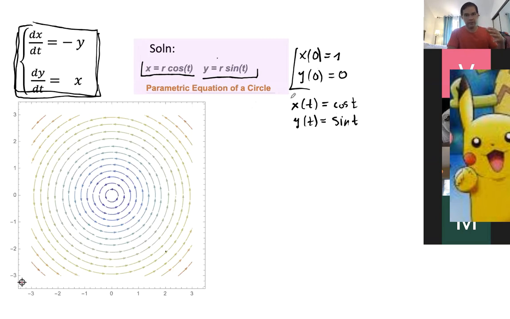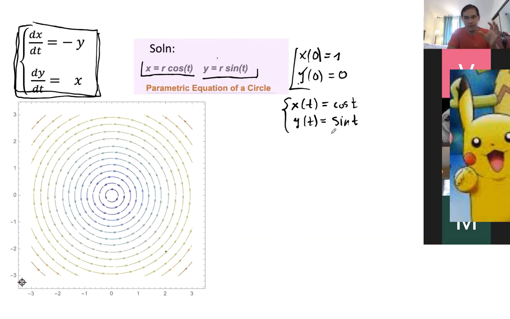And notice one thing, this pair of functions satisfies this condition because x of 0 is cosine of 0, which is equal to 1. And then the other function, y of 0, which is sine of 0, is 0. So the function satisfies this differential equation as well as this initial condition.